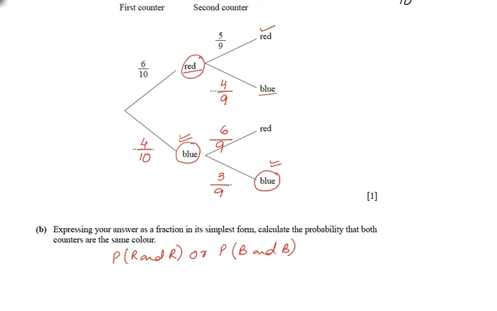The probability of red and red is 6 upon 10 multiplied by 5 upon 9. Then for OR we will write a positive sign. The probability of blue is 4 upon 10 and again blue is 3 upon 9.